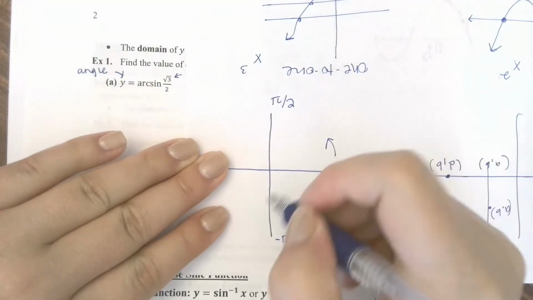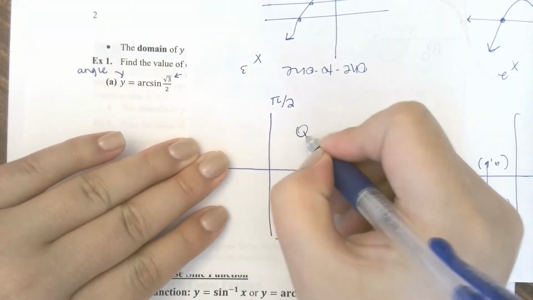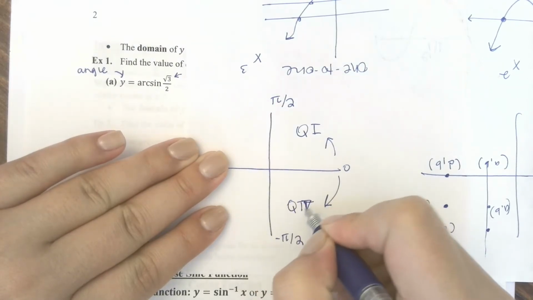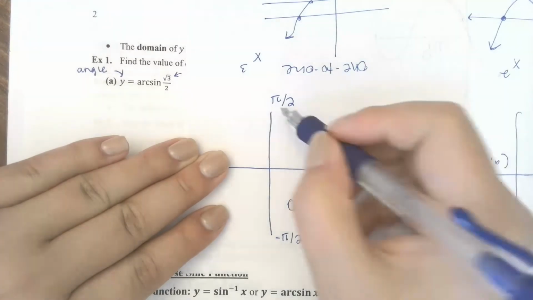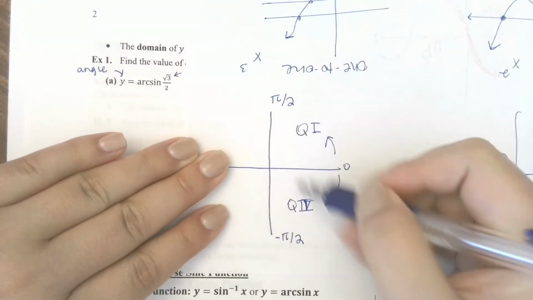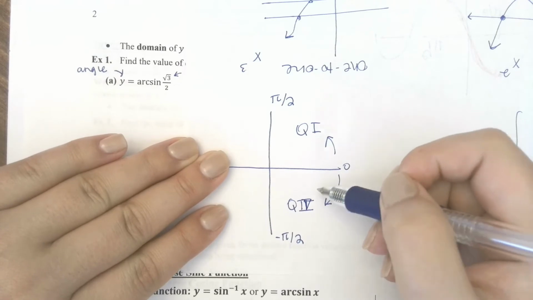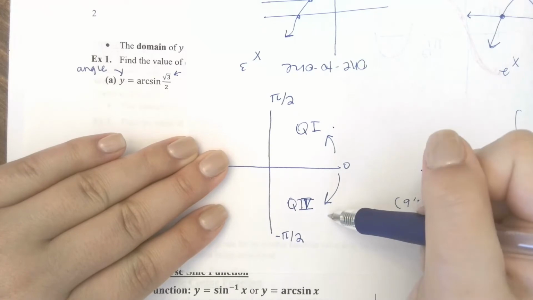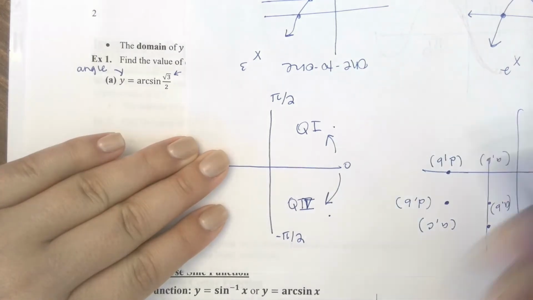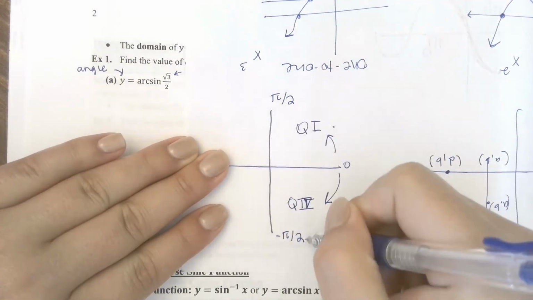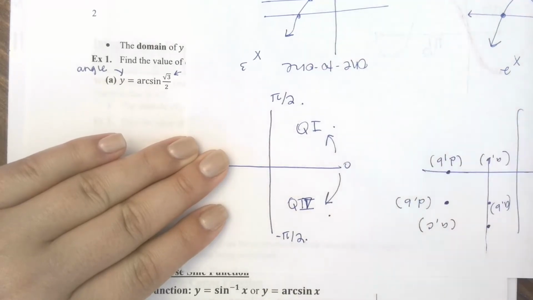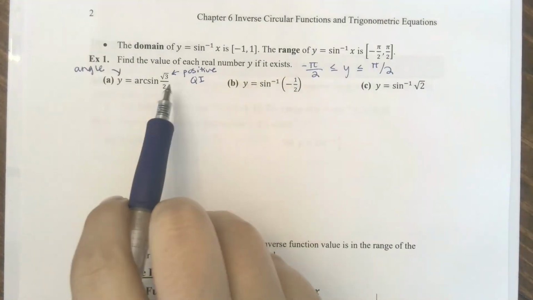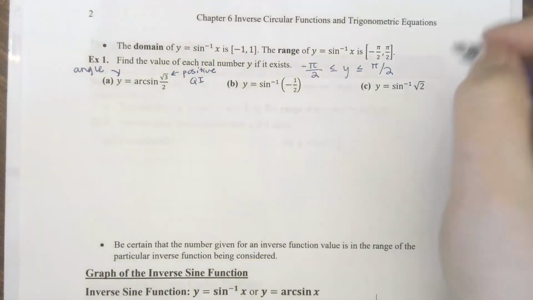So our sine inverse function is in quadrant 1 and quadrant 4, and this is the only part where our sine inverse function exists. That means if it is positive, it's quadrant 1, and if it is negative, it's going to be in quadrant 4, because this is the only part, negative pi over 2 to pi over 2, where y exists. Because this is positive, we are in quadrant 1.